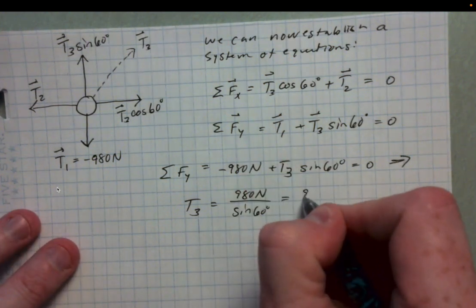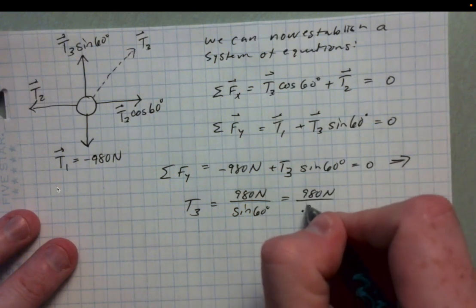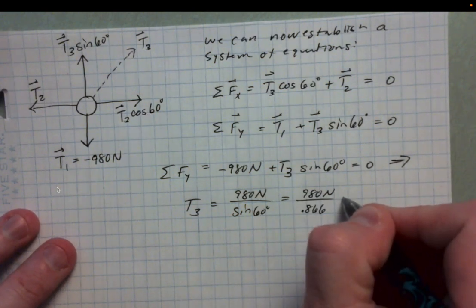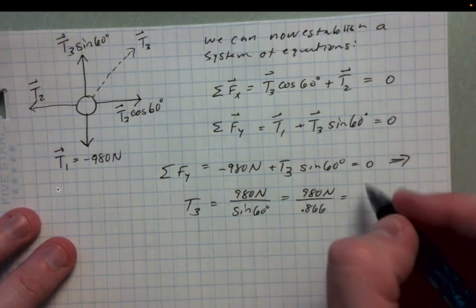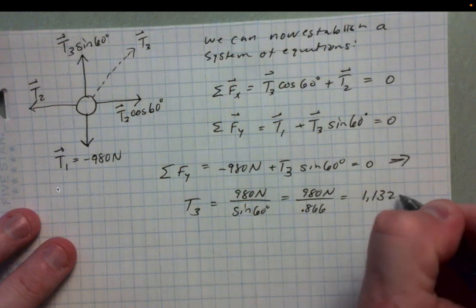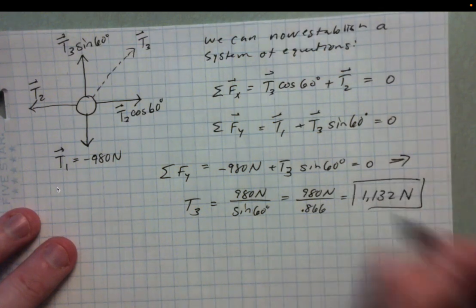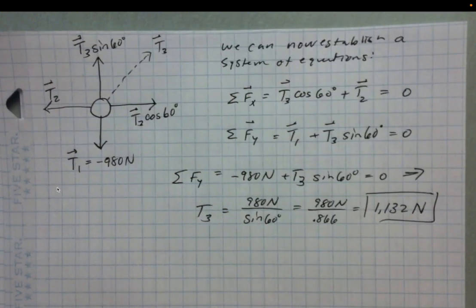That's 980 newtons divided by about 0.866. When you run all of that through a calculator, you get approximately 1,132 newtons. So that's T3. T3 must be equal to that.